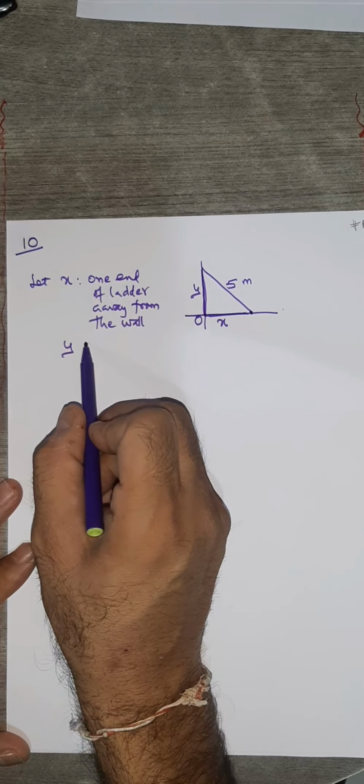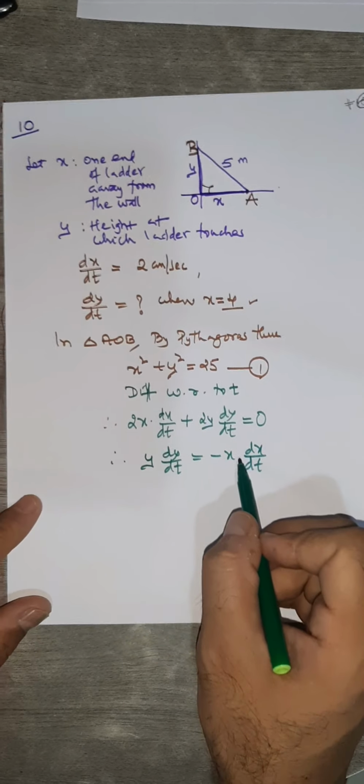So here 2x into dx by dt, chain rule, 2y into dy by dt, 25 being constant, 0. We want dy by dt. 2 will get cancelled. So y into dy by dt equals to minus x into dx by dt.